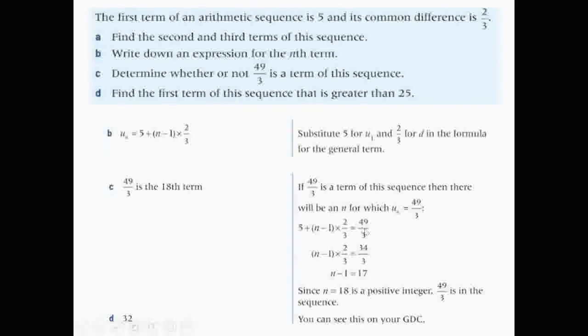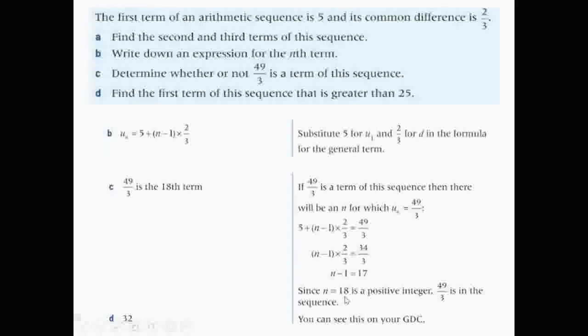Un is a term, right? And we're seeing if this equation works out. Because if we can solve this backwards and get an n value, then we know it is a term in the sequence. So set it equal to that. This becomes that when we subtracted the 5 here. And then I can multiply by 3, divide by 2 to get this, and that means n equals 18.